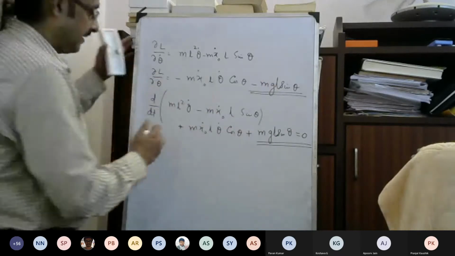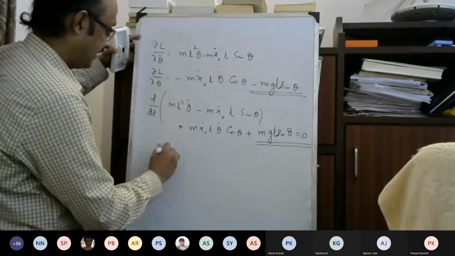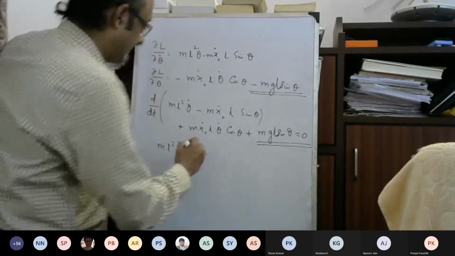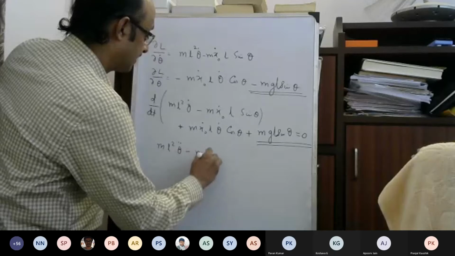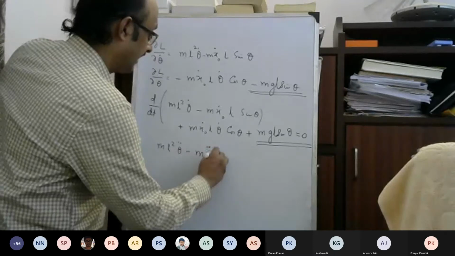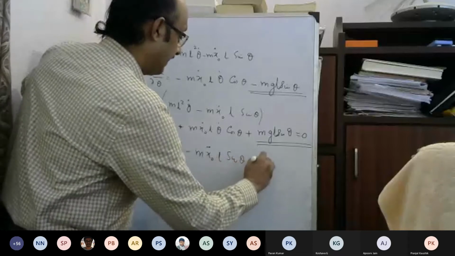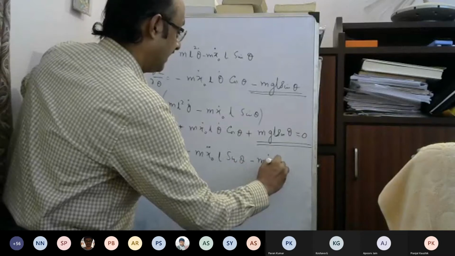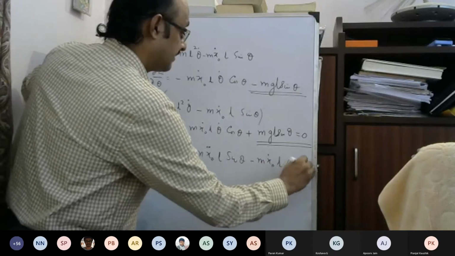You are very correct. So what I have here is m L squared theta double dot. I'll take just one more minute and then I'll let you go. So this will be equal to minus m x naught double dot L sine theta. This will be minus m x naught dot then L sine theta times theta dot.